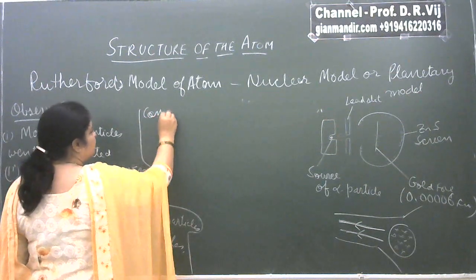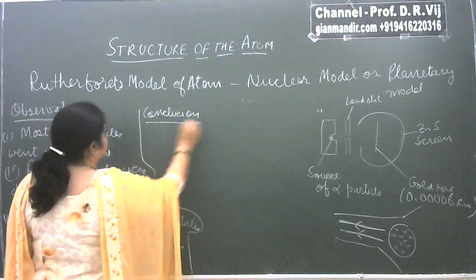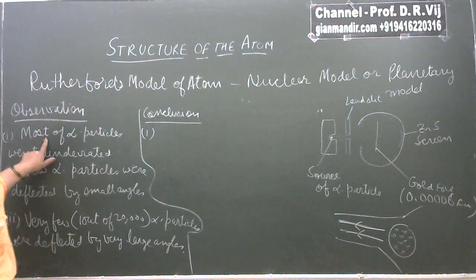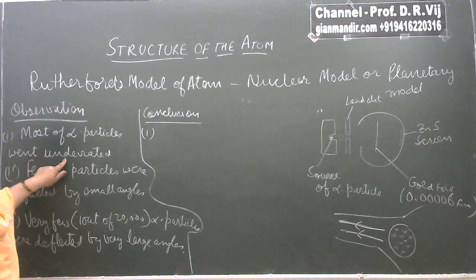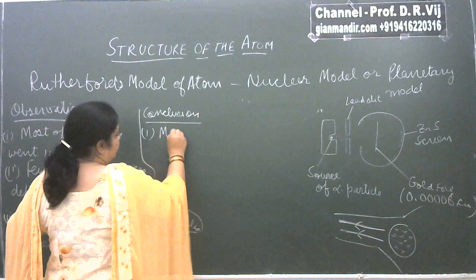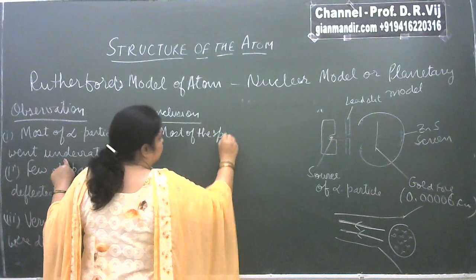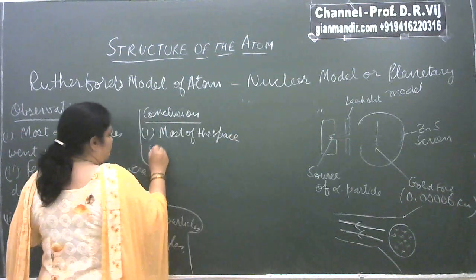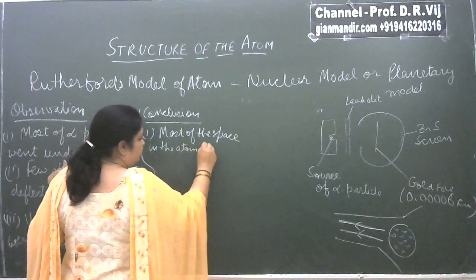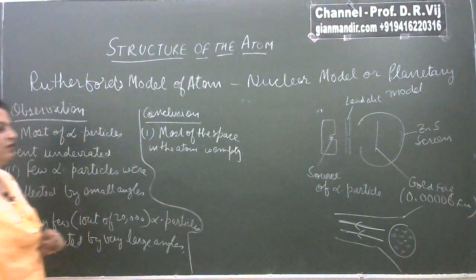If we look at the conclusions of Rutherford's model, as the first observation says that most of the alpha particles went undeviated, this could be possible only if most of the space in the atom is empty.